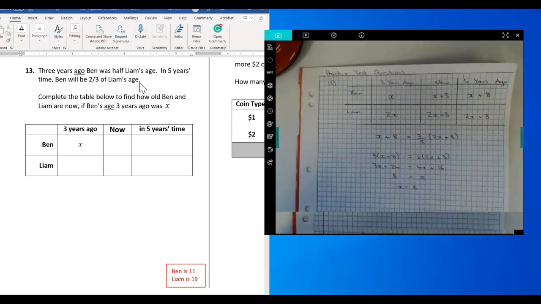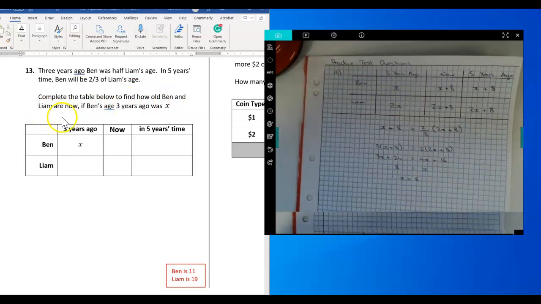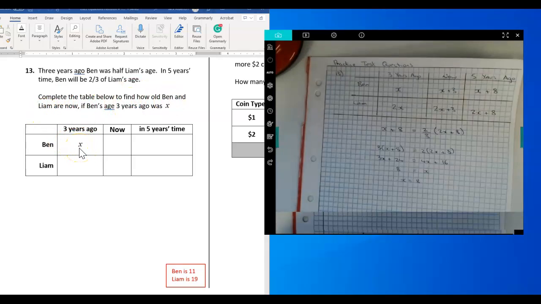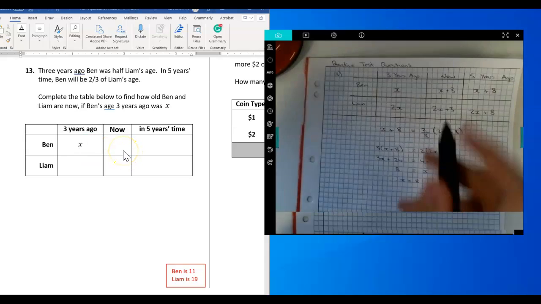Now I'm not done, because now I need to state how old Ben and Liam are. So if 3 years ago Ben was x years old, he's now x plus 3.